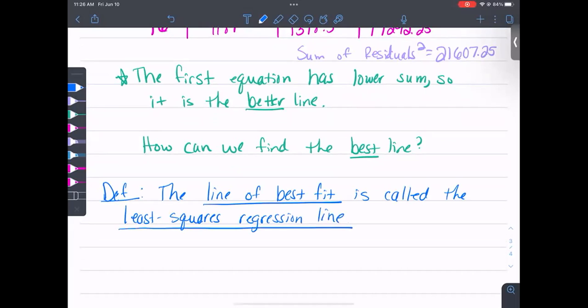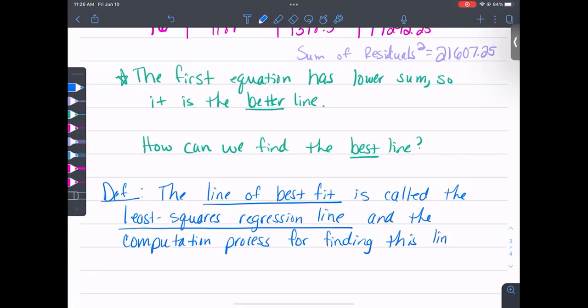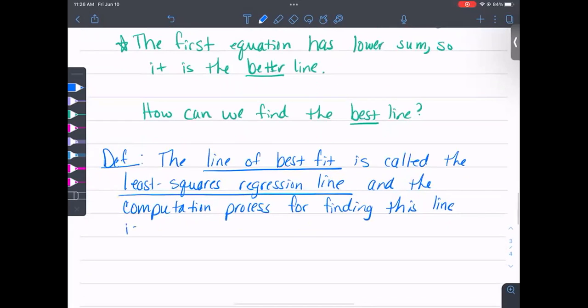Least squares regression line. The computation process for finding this line is called linear regression.